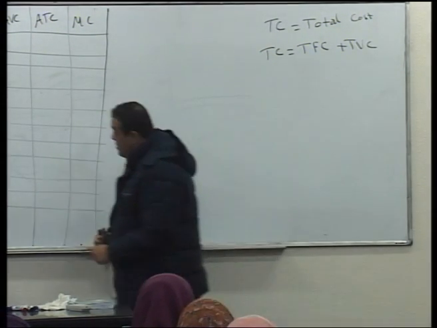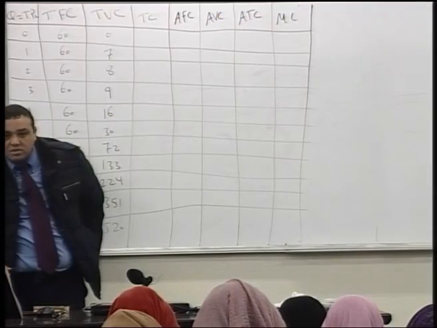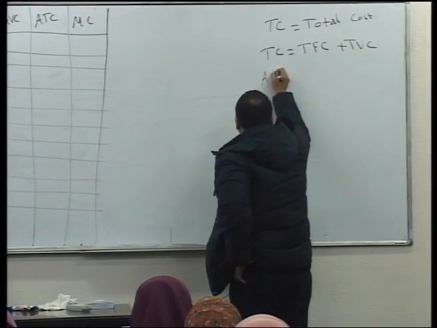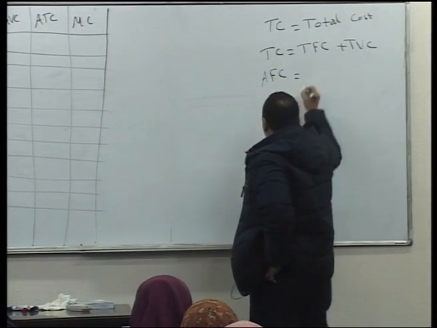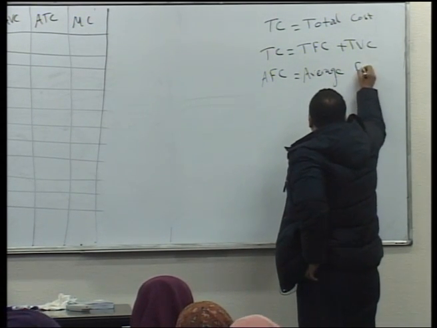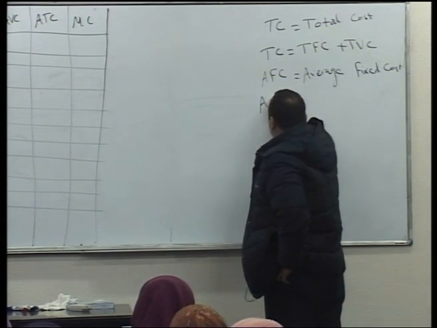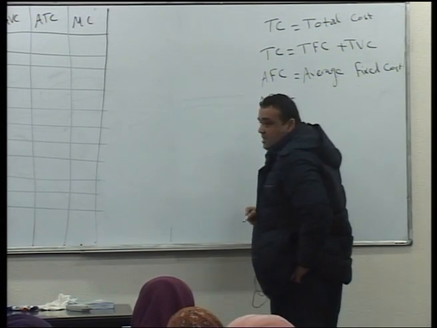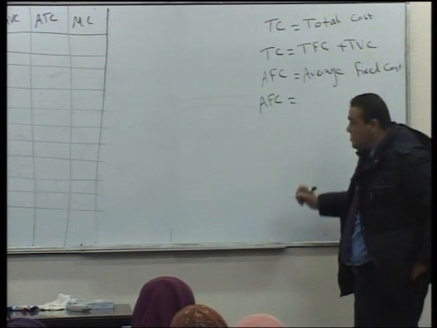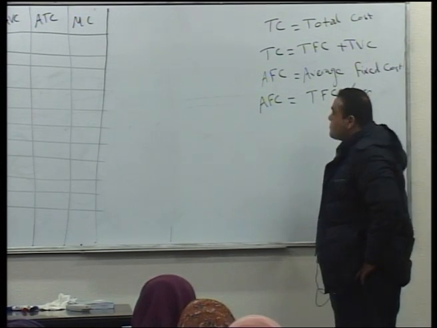Another variable is average fixed cost, AFC. AFC is the average fixed cost. AFC equals total fixed cost over quantity produced, TFC over Q.